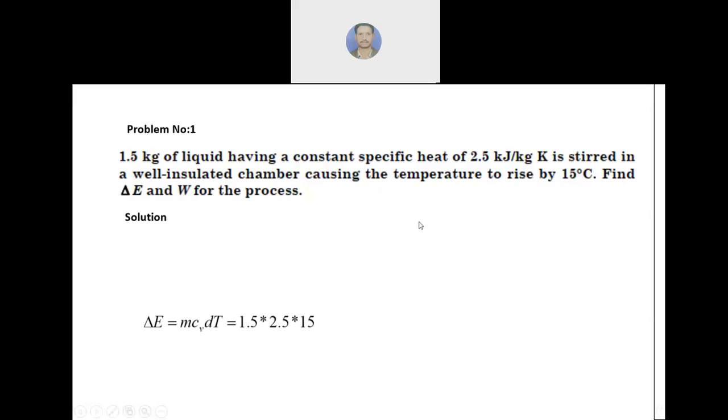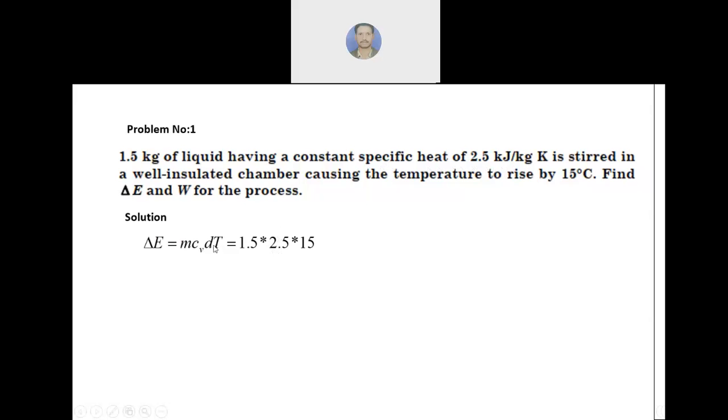See, same thing here: mCv delta T. Here m is mass, Cv is specific heat, and delta T is change in temperature. The mass in the question is given as 1.5 kg, so put m equals 1.5. What is the value of Cv? It is given as constant specific heat, 2.5 kilojoule, so write 2.5.